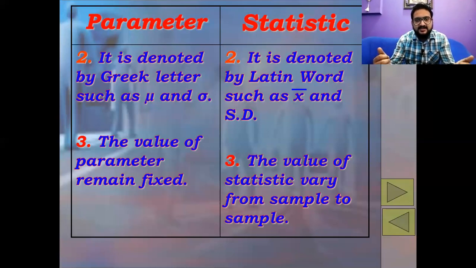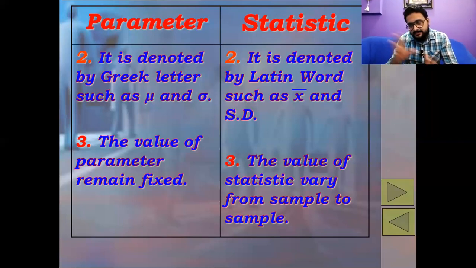In a class there are 53 students. If we calculate any value from all 53 students, it remains the same.